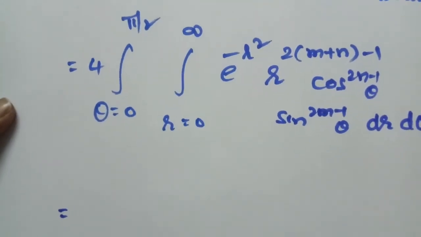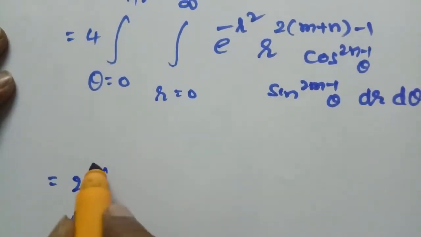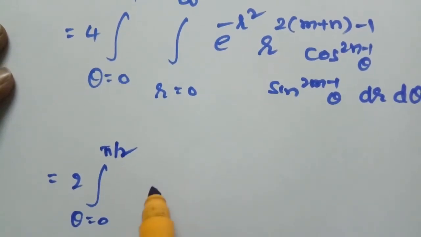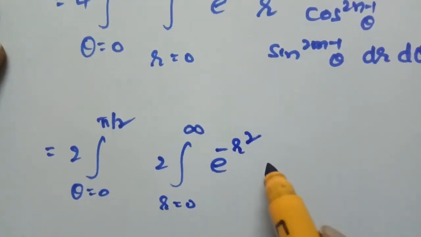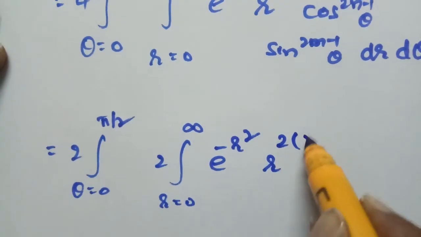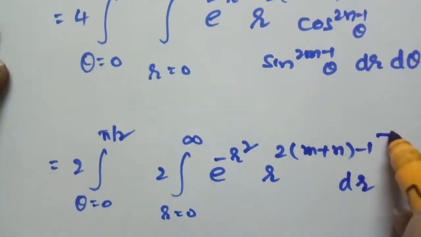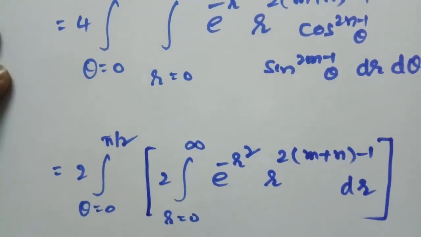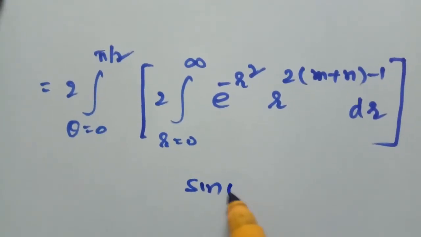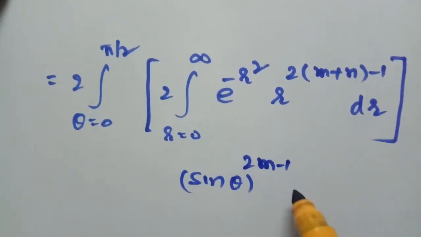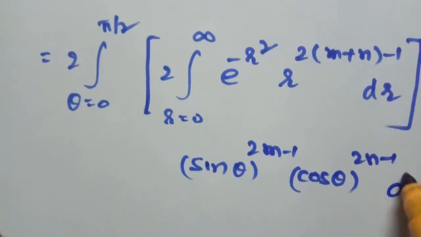Therefore this can be written as 2 times the integral theta equal to 0 to pi by 2 into 2 times the integral 0 to infinity e power minus r square into r to the power of 2 times (m plus n) minus 1 into dr, into sin theta whole to the power of 2m minus 1 into cos theta whole to the power of 2n minus 1 into d theta.